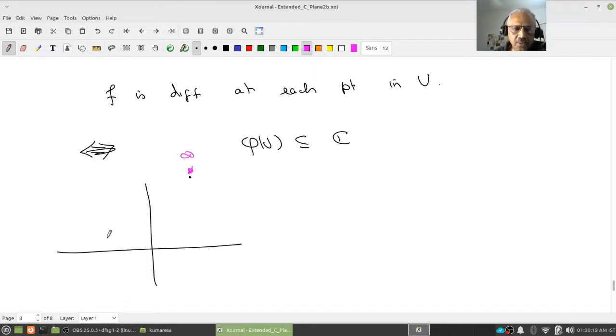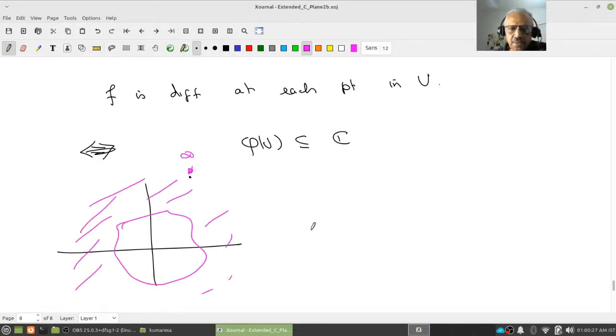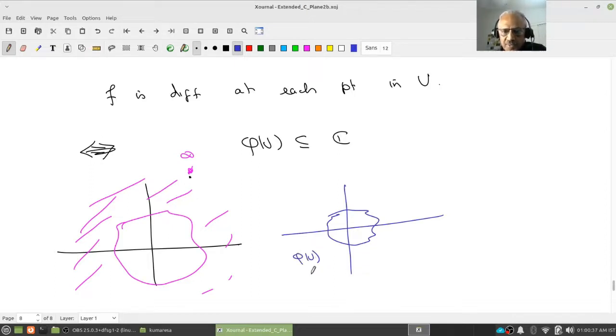Anything outside this is an open set, right? These are the neighborhoods of this. So where does it go? It goes to some neighborhood of 0. This is my phi of U. Remember, phi is a homeomorphism, therefore that will be an open neighborhood of 0, because phi maps infinity to 0, right?